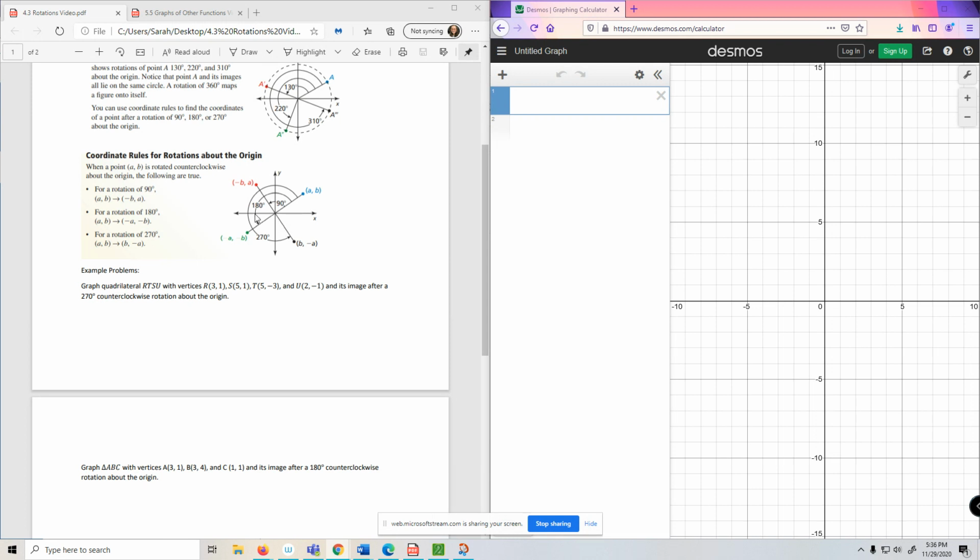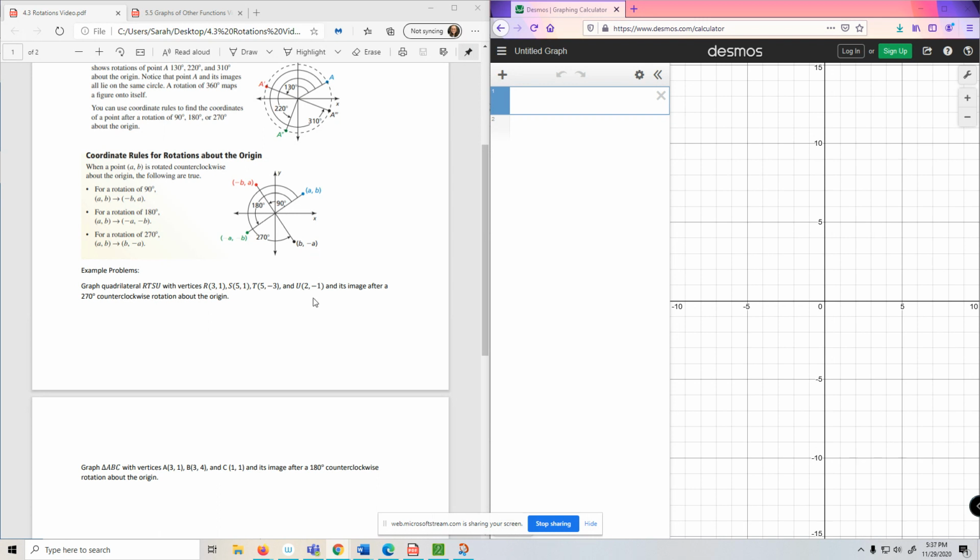If we are rotating 180 degrees, they don't have that in the picture here. Oh, I'm sorry, they do. That's the green point. The green point, if I rotate 180 degrees, becomes (negative a, negative b). So both coordinates become negative. A rotation of 270, which is all the way around to this black point, turns (a, b) into (b, negative a).